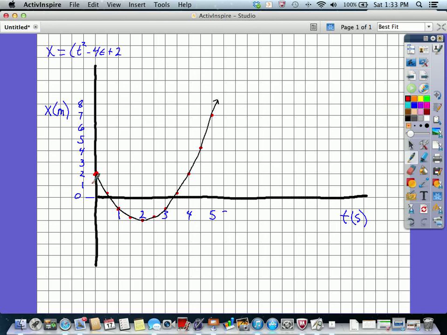It's not perfect here, but let's just draw a tangent line there. So there we go, that's pretty close. A tangent line there, and that slope is our velocity for this particular particle, okay?